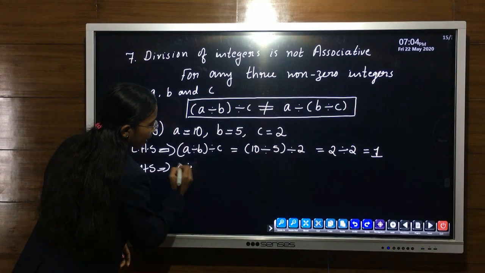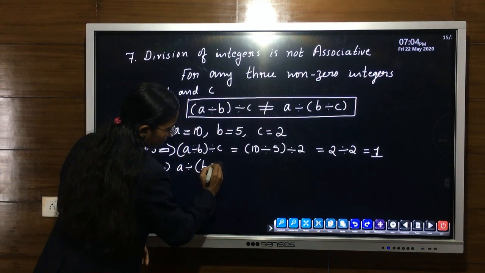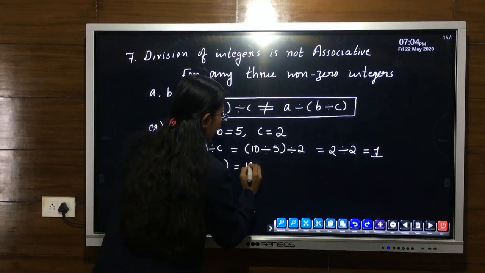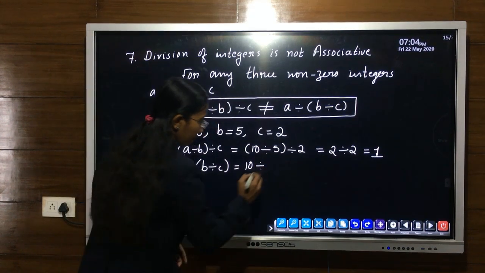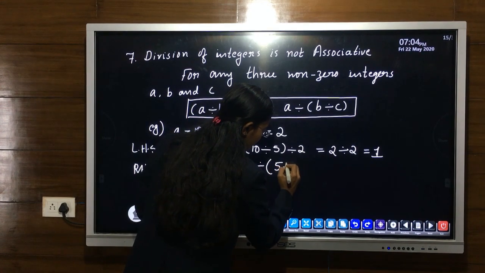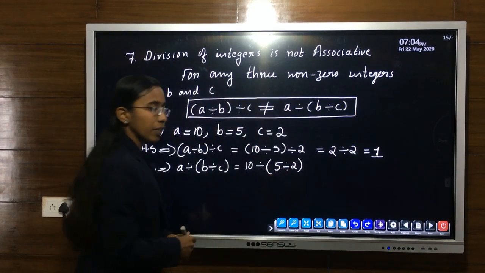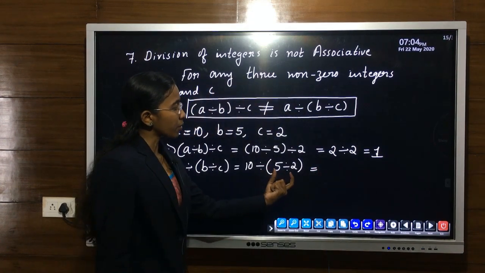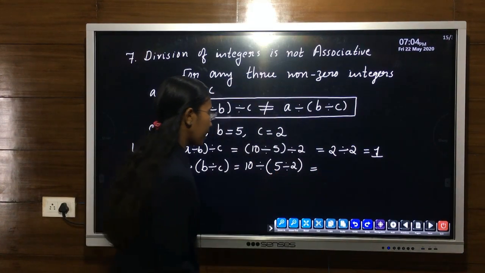RHS is a divided by b divided by c, and substitute the values. 10 divided by 5 divided by 2. So first we are doing the operation inside the bracket.